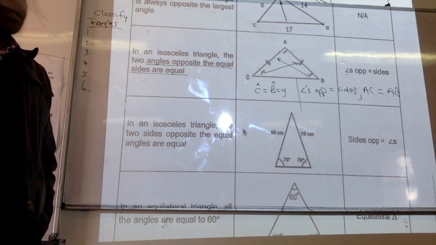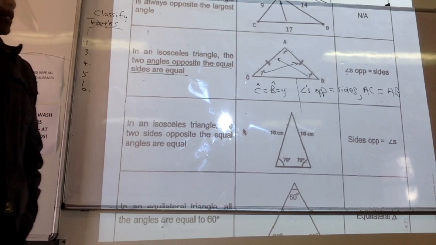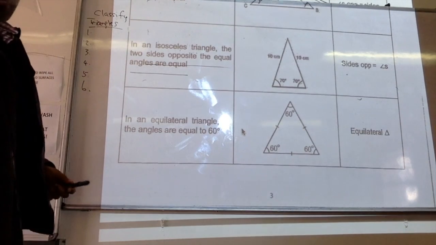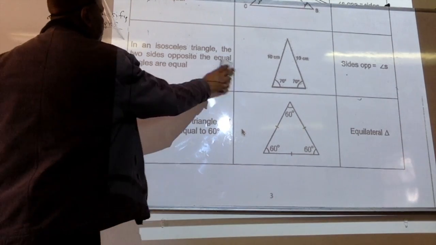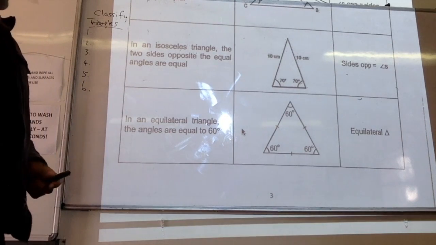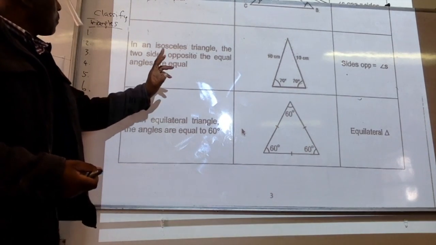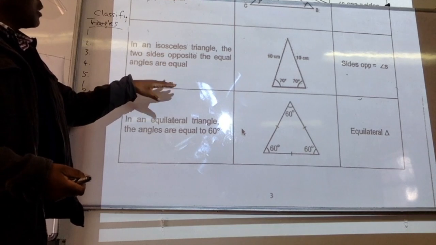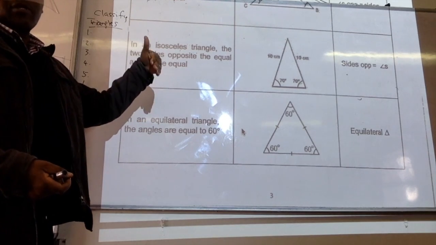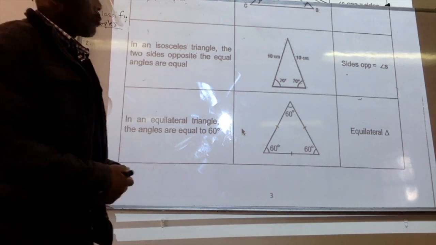And then we name the sides. We need to name the sides. This one says, in an isosceles triangle, the two sides opposite the equal angles are equal. This is just the same thing that we did.